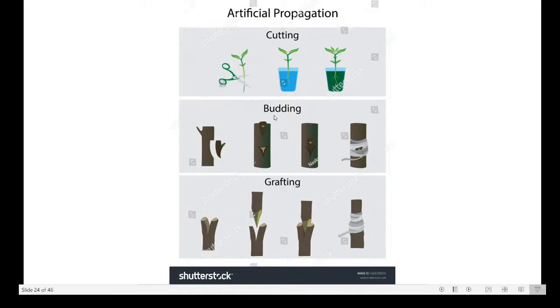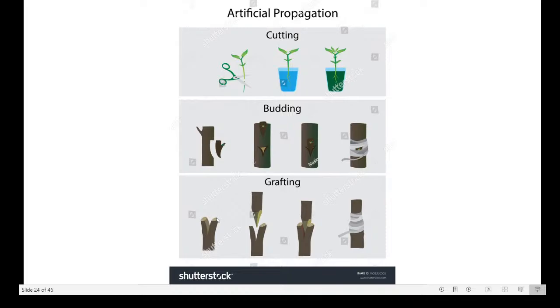That is cuttings. Then budding is nothing but cutting one particular place in one plant, and cutting another part from another plant, pasting both together and wrapping them with tape.